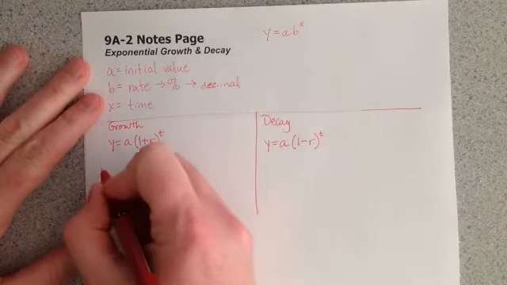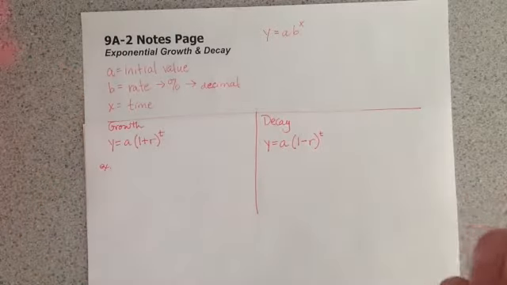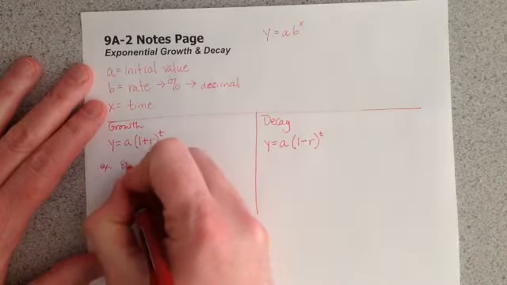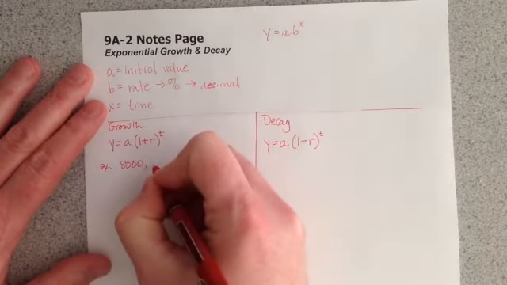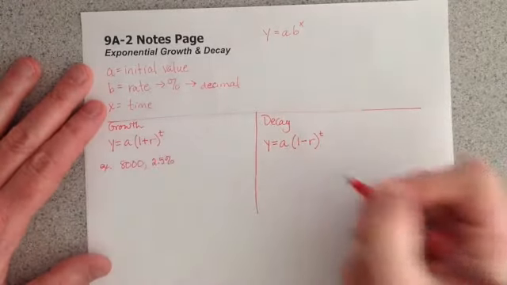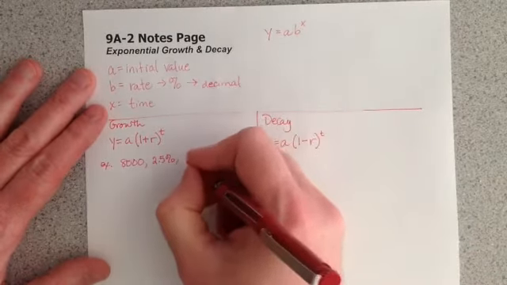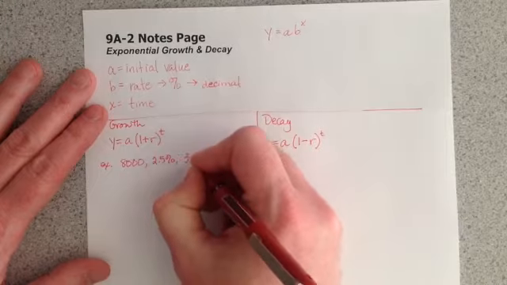So let's say, for example, I'm going to do an example. We're going to do an investment fund. We start with $8,000 at a rate of 2.5%, and I want to know how much I earned after 3 years.